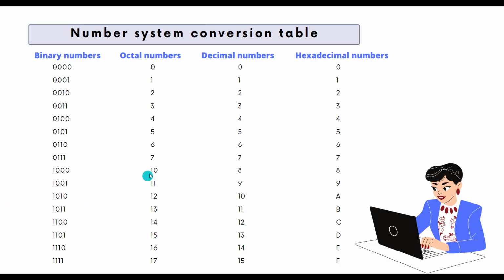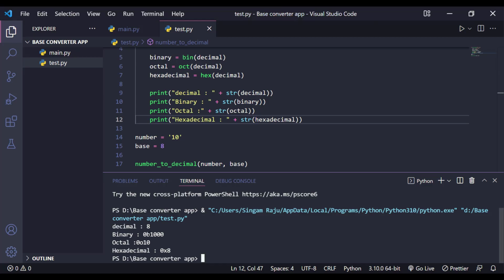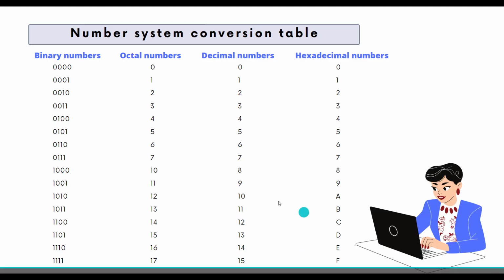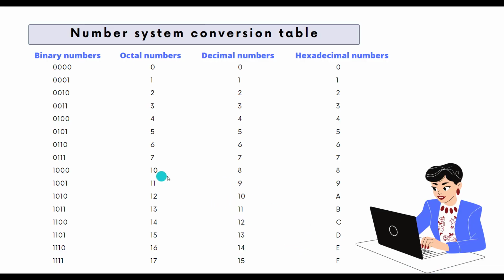In binary, it is actually 1000, and here you have 0b, which represents that the number is binary. 0o is the code for octal, and the actual number is 10. For hexadecimal, 0x is the code, and the hexadecimal is 8. If you check the table, that's exactly what is here.